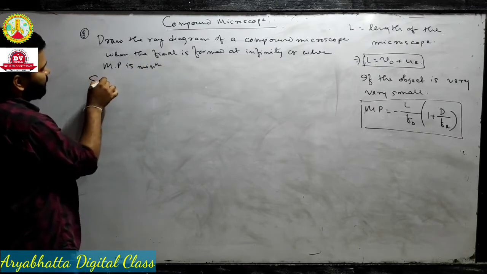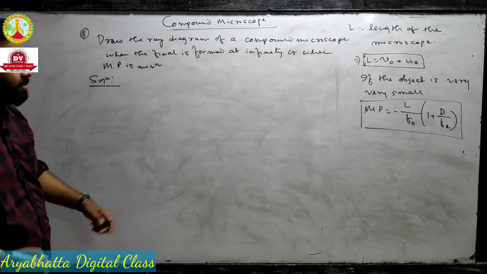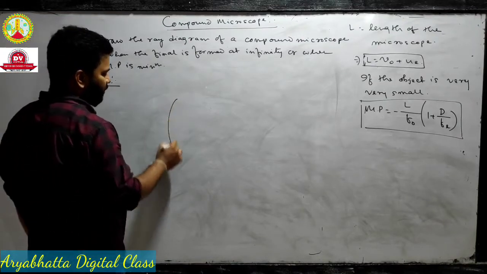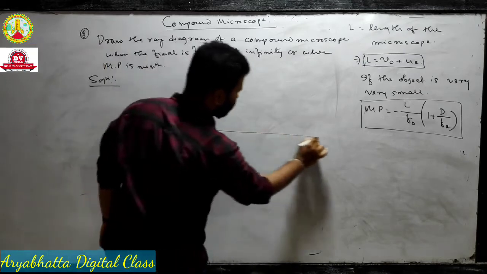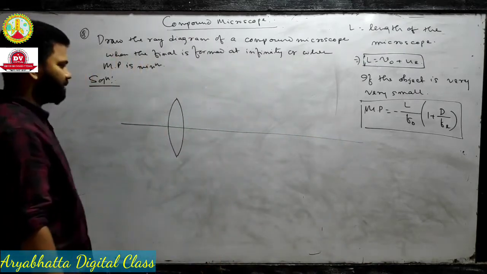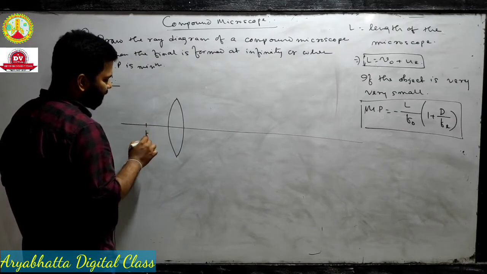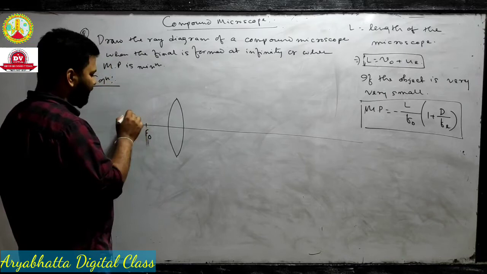Okay, the solution. Look, first one will be your objective lens having less radius of curvature. So you draw this one. The first one is the same. This is the common axis or principal axis. This one is FO, the focal length of the objective lens.